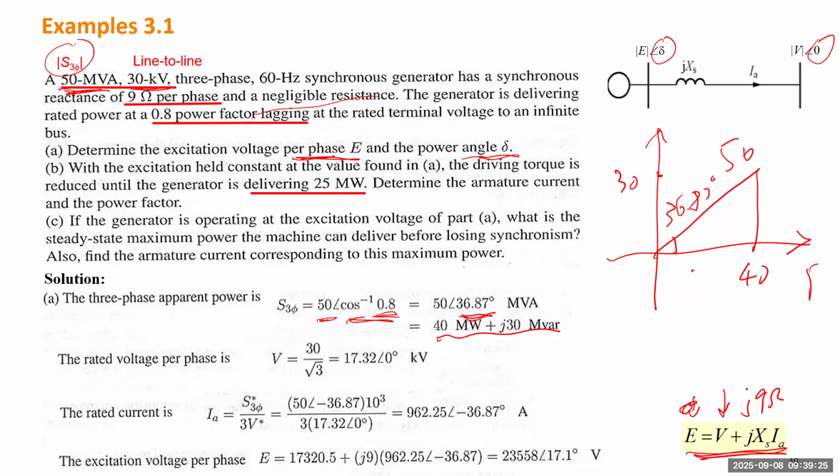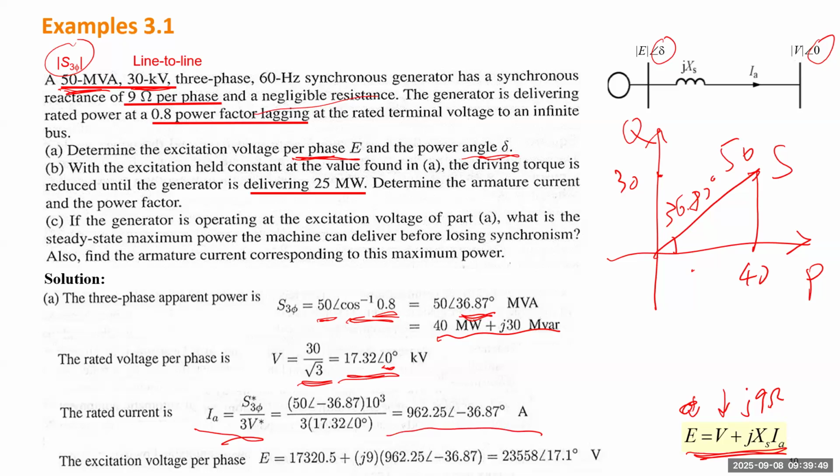And this is P, this is Q, and this is S. The voltage for each phase will be the 30 kV line-to-line voltage divided by root of 3. That will be this value, and we use the voltage as reference. So the current, by using this formula, will give you this current.